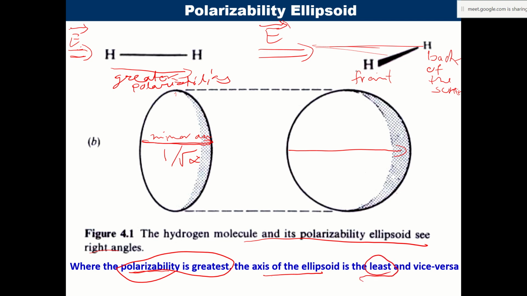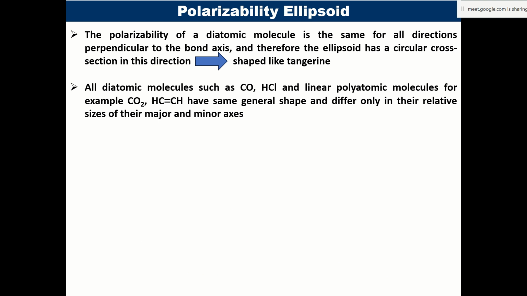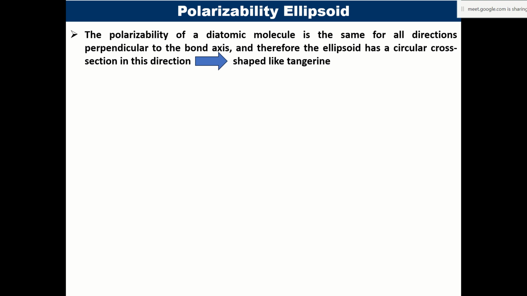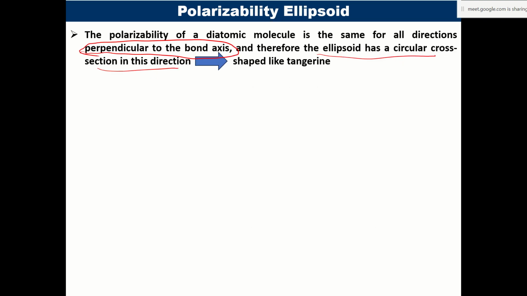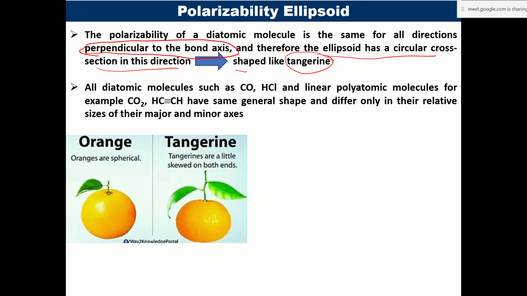So when we are drawing like this, the polarizability ellipsoid has a circular cross section when you are viewing it perpendicular to the bond axis, and that's what we were looking at. ये पूरा एक circular जैसा दिख रहा है, and we see it is like a tangerine, जो होता है वो it is थोड़ा सा चपटा होता है. यहाँ पे आप देख रहे हैं, the look is different, it is not a total spherical like thing. ये orange में spherical होता है, this is not completely spherical.